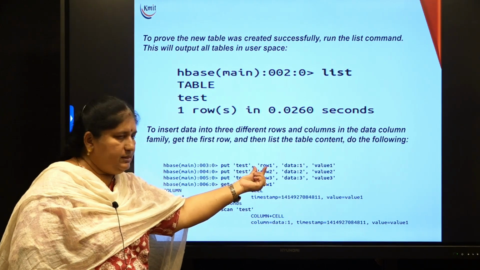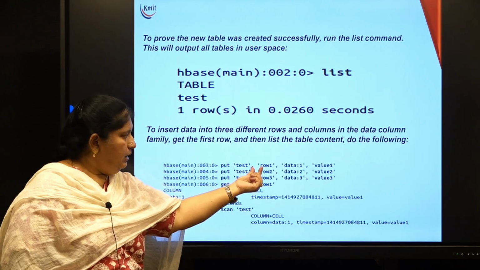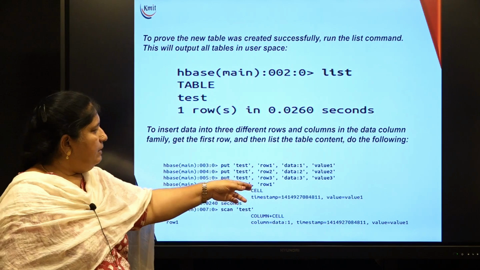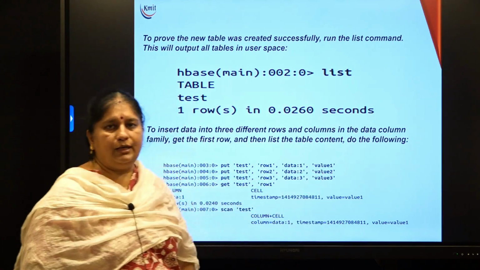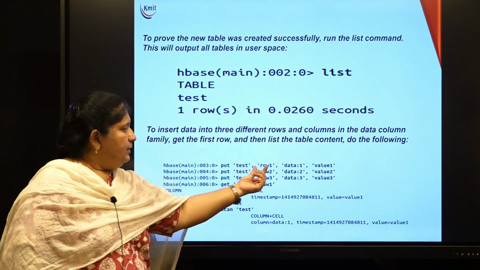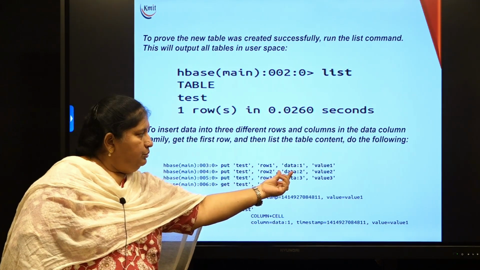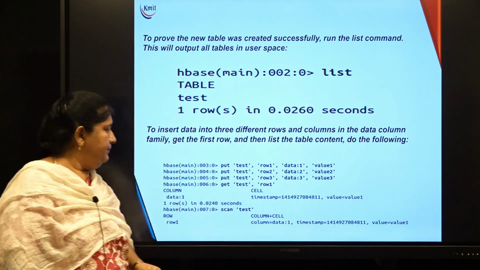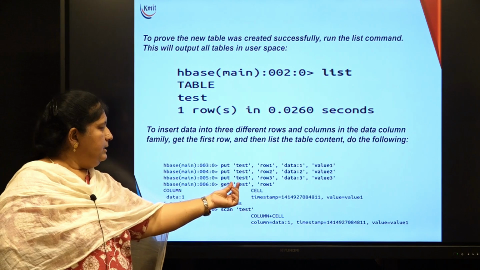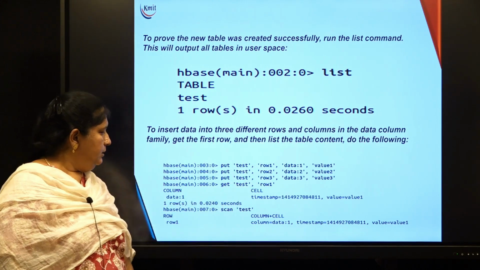Which row you are inserting? This is like a row key. And what is the data, the first family value, and what value you are trying to give for that first row's family value. Similarly, second row, family count should be 2. What value? Likewise.